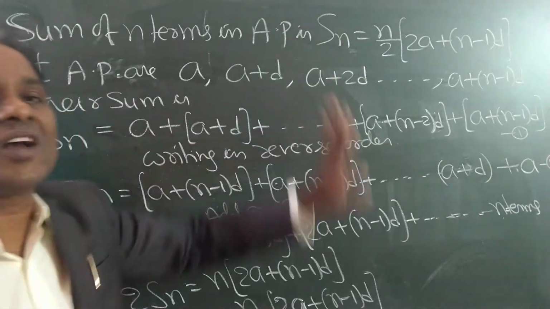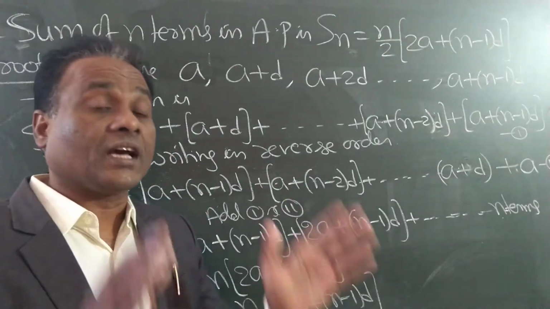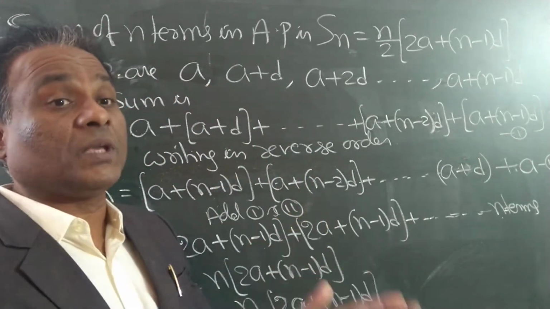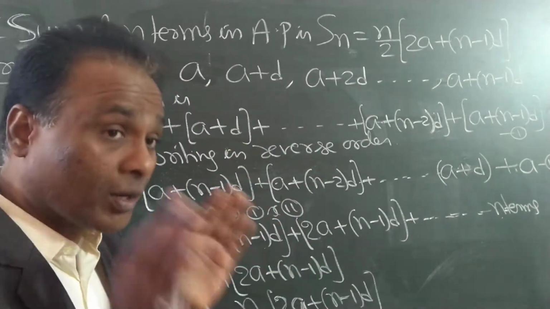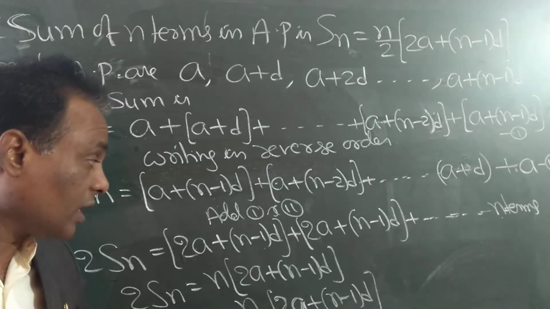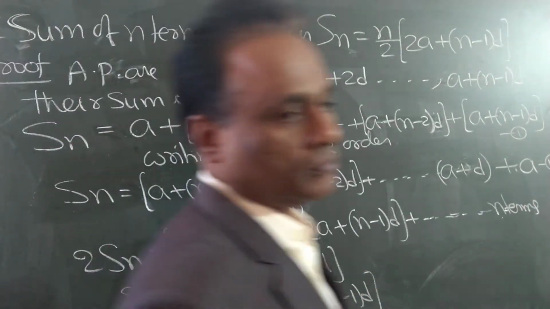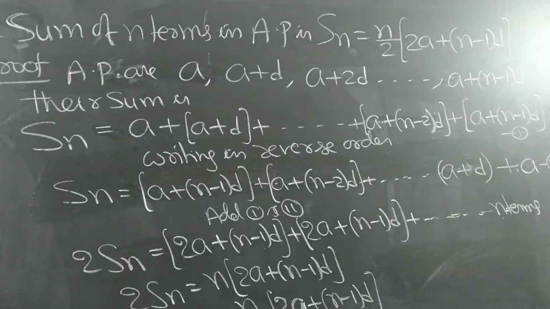So this is the formula for sum of n terms. Practice it. Sum of n terms of AP formula is n by 2 into 2a plus n minus 1 into d. Write this down.